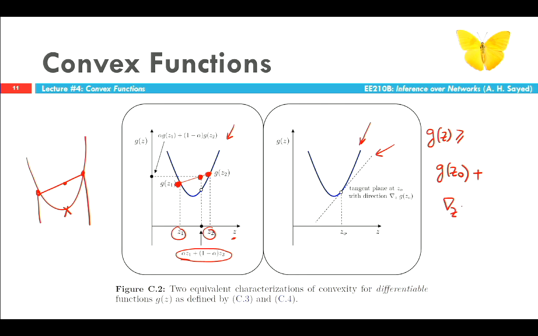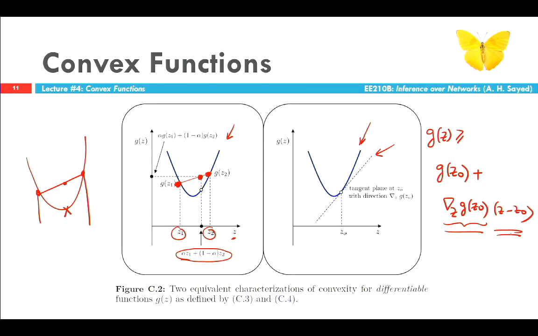This is the gradient times z minus z0. Remember that we define the gradient relative to a column z as a row vector, so this is actually an inner product, row times column.